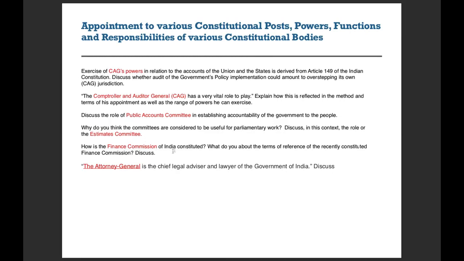What the Finance Commission is, how it is constituted, what its terms of reference are; and about the Attorney General, what his role is, how he is a legal advisor to the government and works as a lawyer for the Government of India, and what his various responsibilities and functions are, which we need to understand.